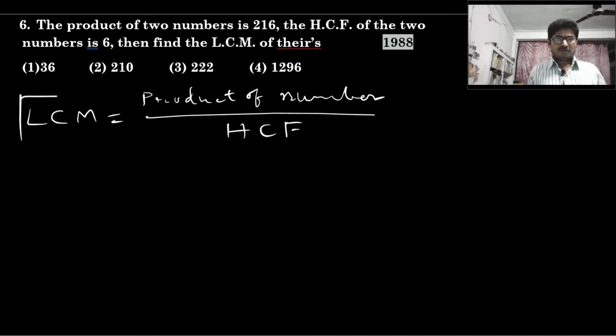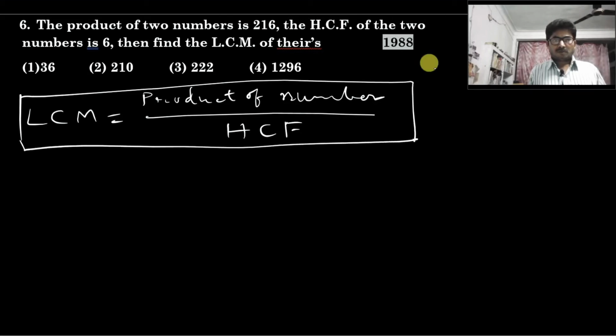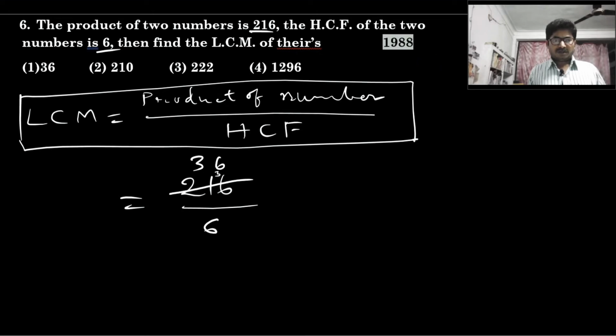So this is the formula. So here the product of two numbers is 216, HCF is 6, so 6 3s are 18, 6 6s are 36. So 36 is the answer, option 1.